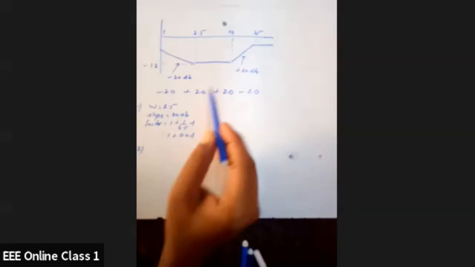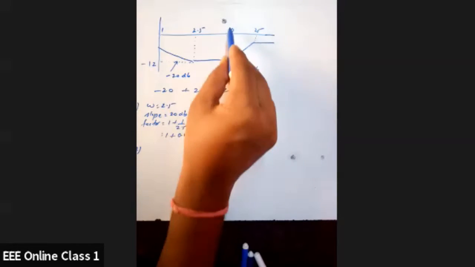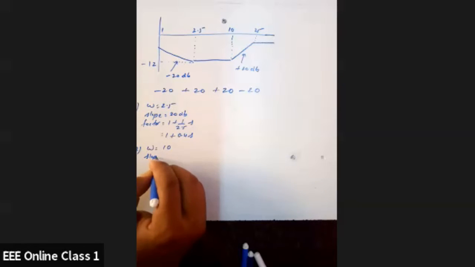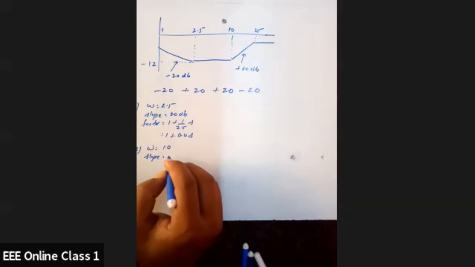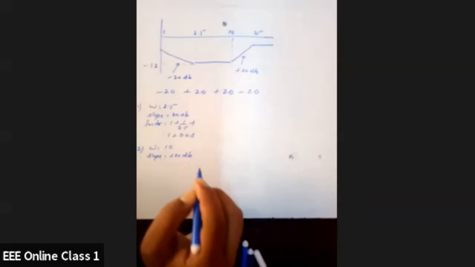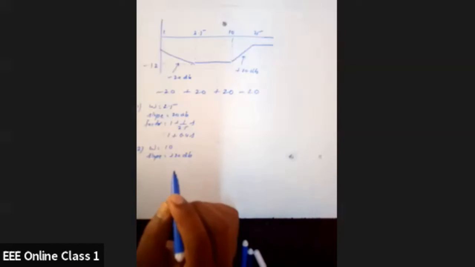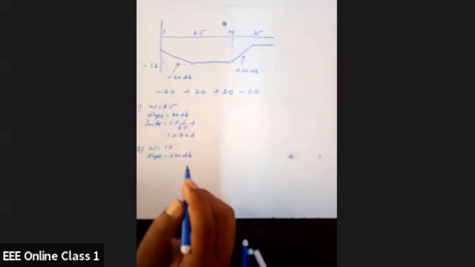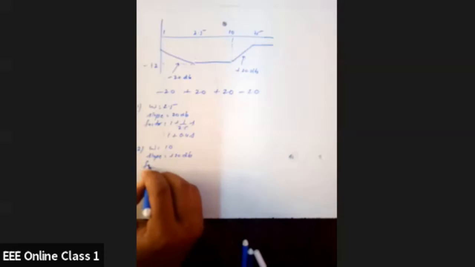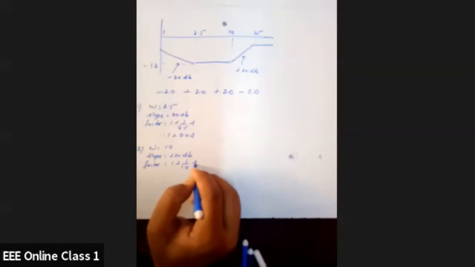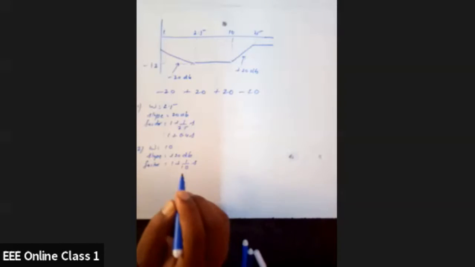Now, when omega is 10 and the slope is plus 20 dB, our factor is 1 plus 1 by 10 s, because it is plus 20 dB.